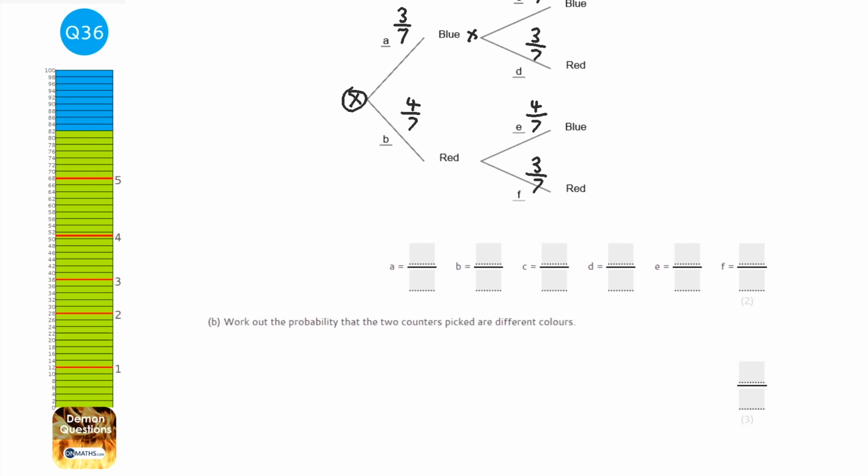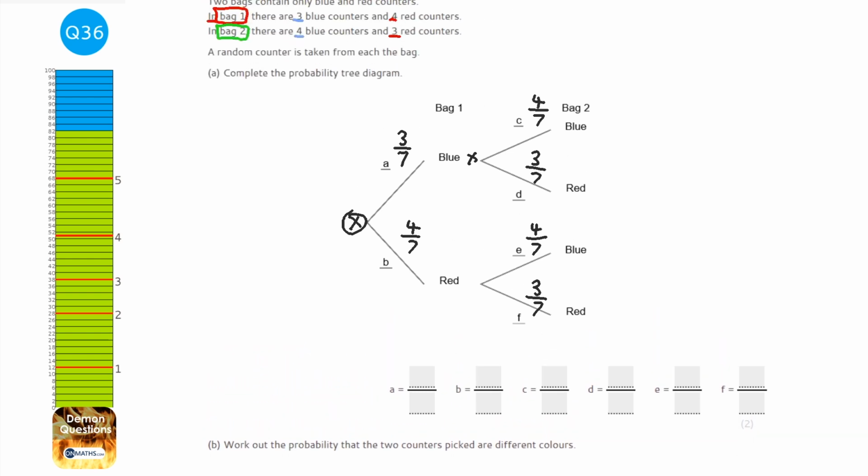Let's move on to the second question. It says work out the probability that 2 counters picked are of different colours. So let's follow the paths down. If I pick this one, so a blue and then a blue, I've ended up with a blue and a blue. Well, they're not different colours. So let's try another line. If I pick a blue and then a red, well, that's a blue and then a red.